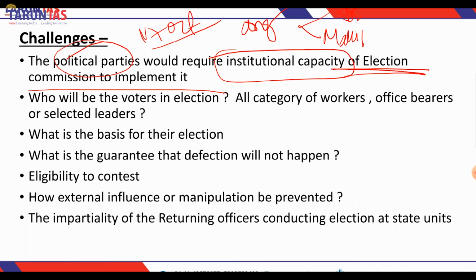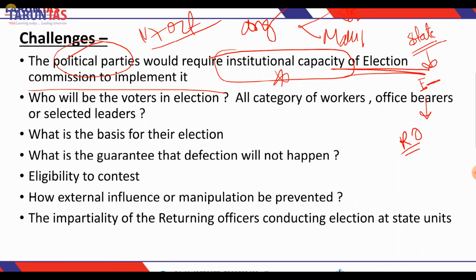However, the writer says that in the state units, the person responsible for conducting the election in political parties is responsible for appointing the returning officers in each state unit of the party, right? So the writer points towards the lack of institutional capacity.